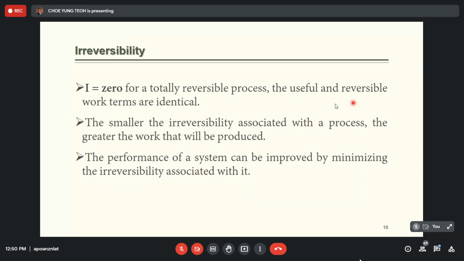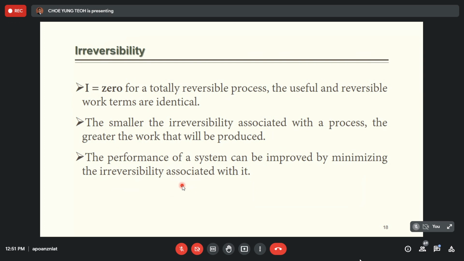The useful and reversible work terms are identical. The smaller the irreversibility associated with the process, the greater the work that will be produced, and the performance of the system can be improved by minimizing the irreversibility associated with it. Yes, we know that we want to minimize the entropy so that we can improve the system.